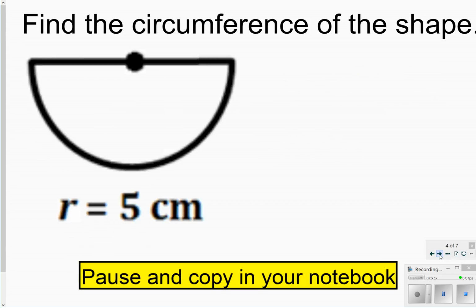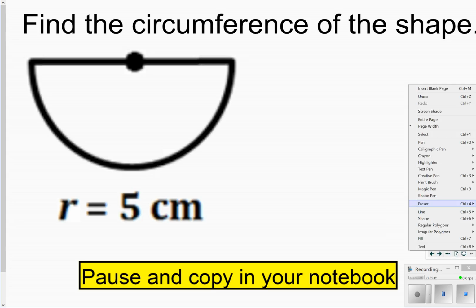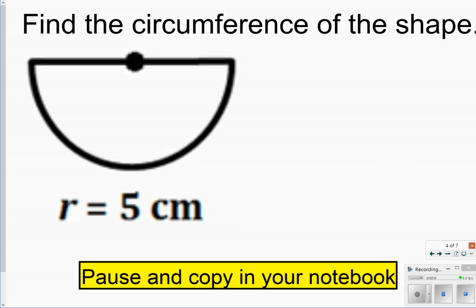Excellent. All right, well, here we have a semicircle. It's half of a circle. And we want to find the circumference of this one. Well, this is very interesting. This is different than the last one because what we see here is that we have 2 different parts that we have to calculate. First of all, we're going to have to calculate this round part.